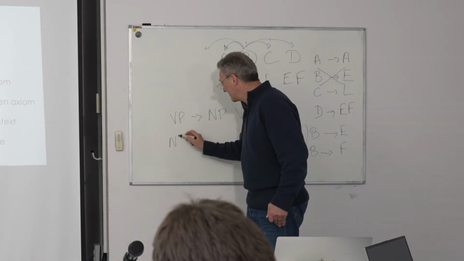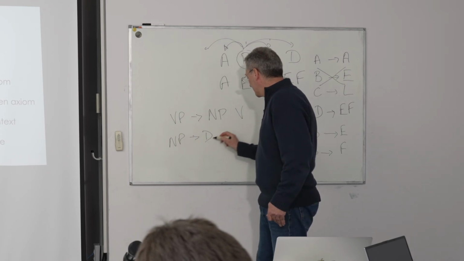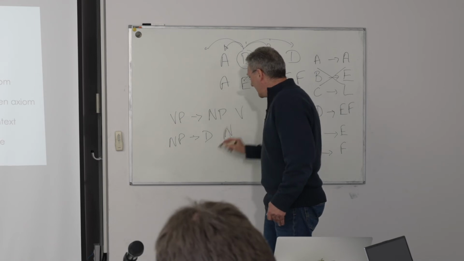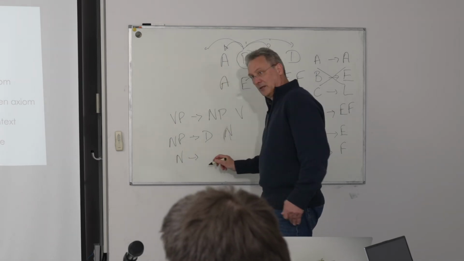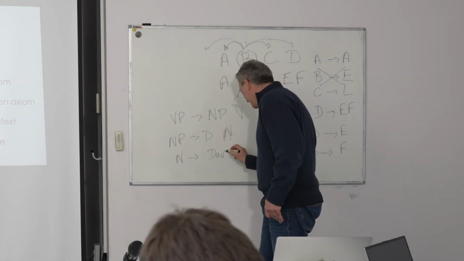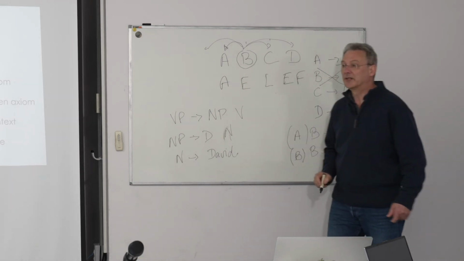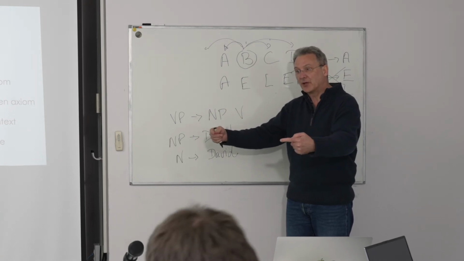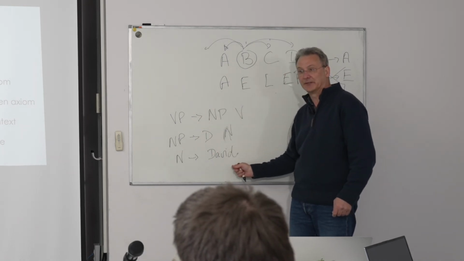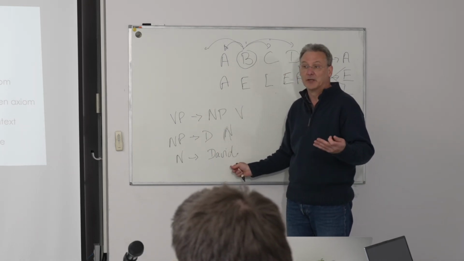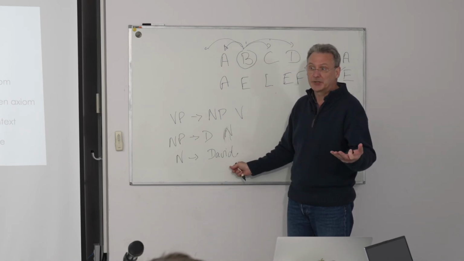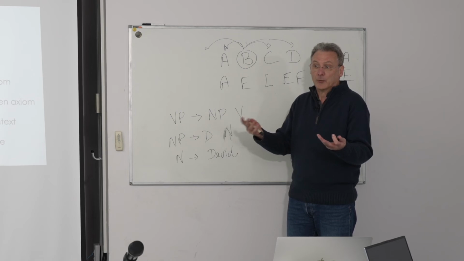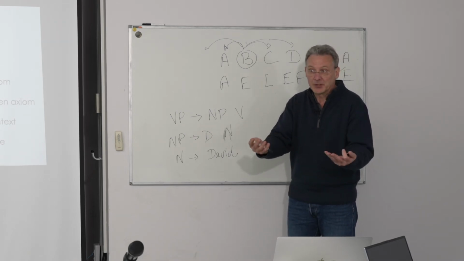For instance, a noun phrase can be a determinant plus an article, plus a noun, and a noun can be David. In order to get a full sentence, I need to apply my rules up to the end, until I reach the final terms. Otherwise, I don't have a string in my language. I have an intermediate string that is not defined completely, and that doesn't define the language.